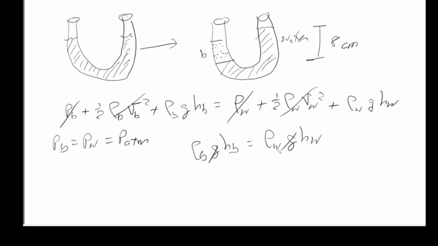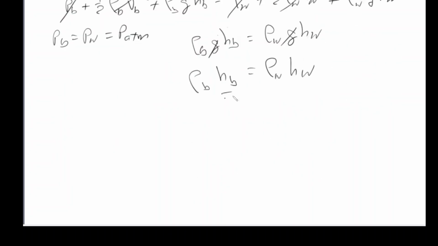The g's cancel out. Density of benzene times the height of benzene equals density of water times the height of water. And we're looking for the height of benzene, so let's solve for that. Height of benzene is equal to the height of water divided by density of benzene over density of water. Now, you may be wondering why I put the denominator in this form.